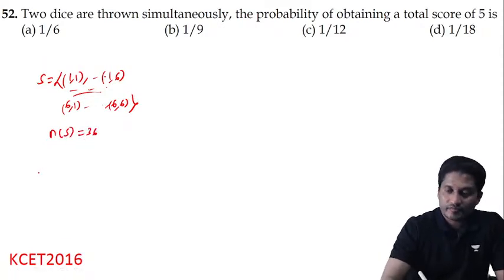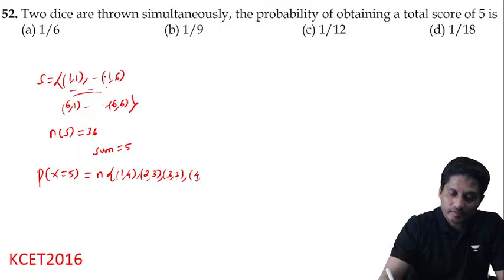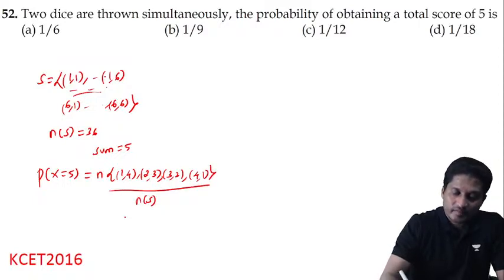Probability of sum equal to 5, you can take 1 comma 4, 2 comma 3, 3 comma 2, 4 comma 1, sum 5, divided by n of S, which is 4 by 36, equal to 1 by 9.